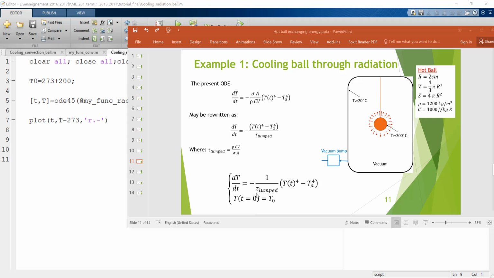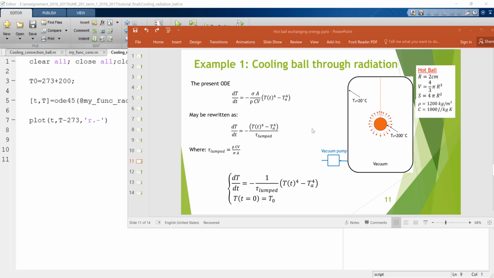This is a fourth order differential equation. The first derivative of temperature over time is equal to minus 1 divided by 2 lambda, which is an aggregated capacitance, times (T of the ball exponent 4 minus Ta exponent 4), where Ta is the temperature of the vacuum chamber, equal to 20 Celsius.